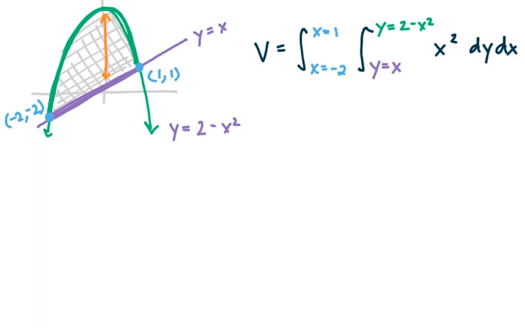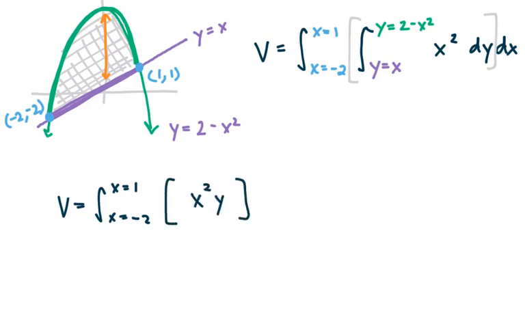So from here, I've got V equals the integral from x equals -2 to x equals 1. And if I integrate this inner integral, integrating x squared with respect to y, well, x is a constant, so this is just going to become x squared y.